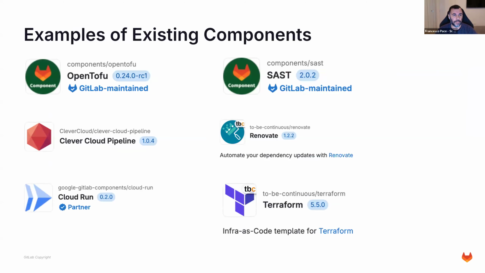These are some examples of already existing components. Some of them are directly maintained by GitLab, like SAST, for instance. Some of them are maintained by a partner, like Cloud Run, and some of them are community maintained.